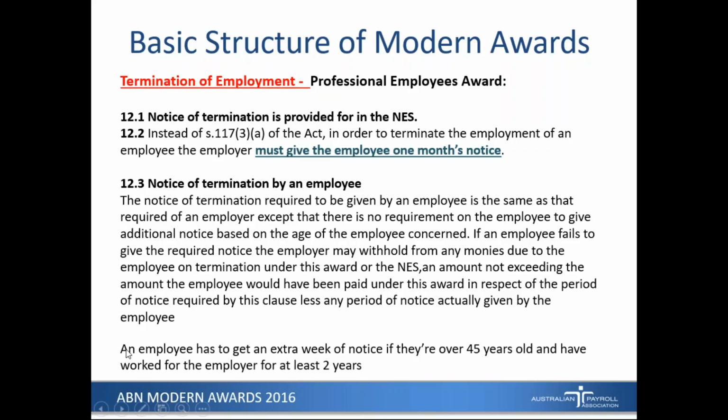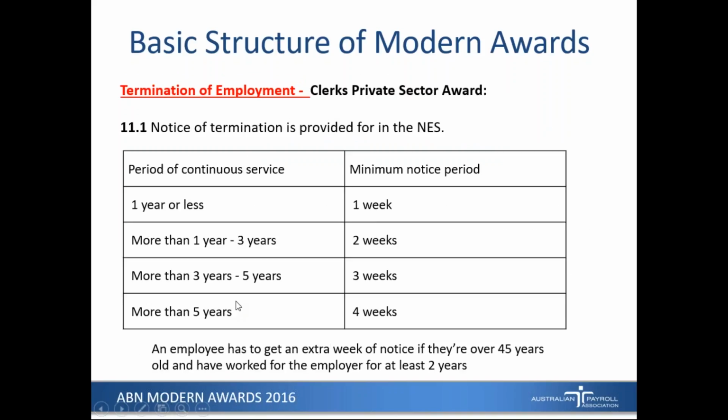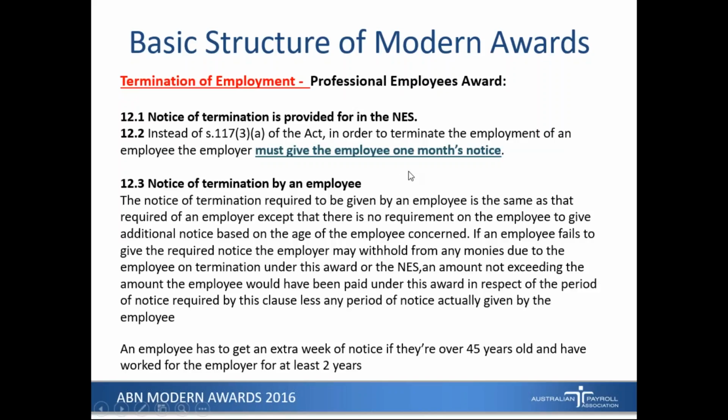Now, although this bottom bit here isn't part of the award, it is a part of the National Employment Standards. So, whilst an employer is required to give an employee 1 month's notice under this award, in the event that employee had 3 years service and was over the age of 45, they would be entitled to 1 month plus 1 week, i.e. 5.33 weeks, not 4.33 like this clause says here.